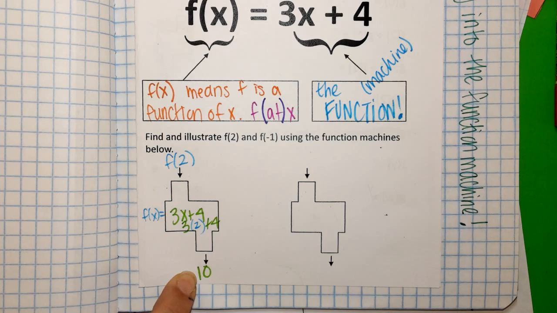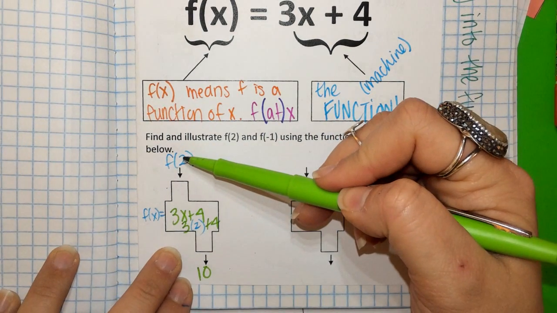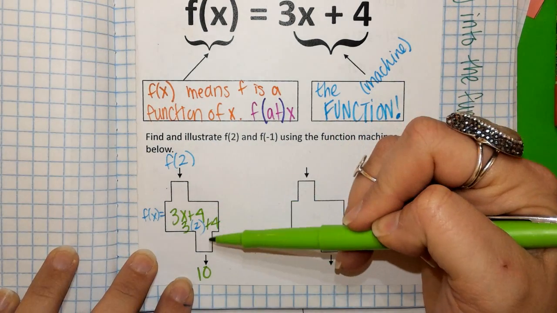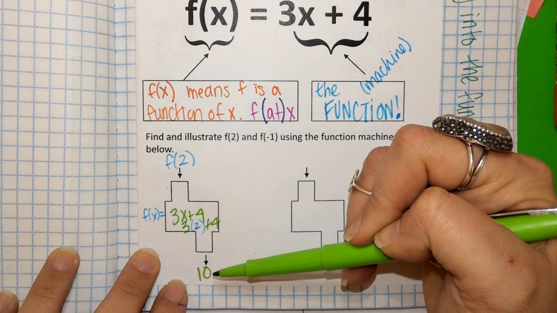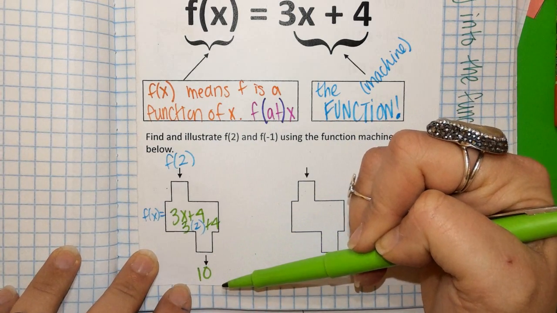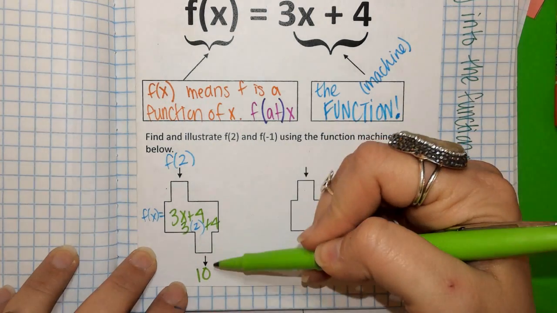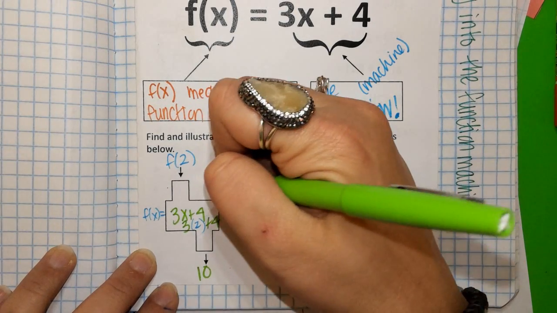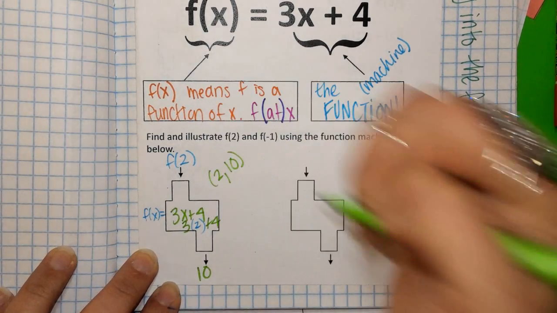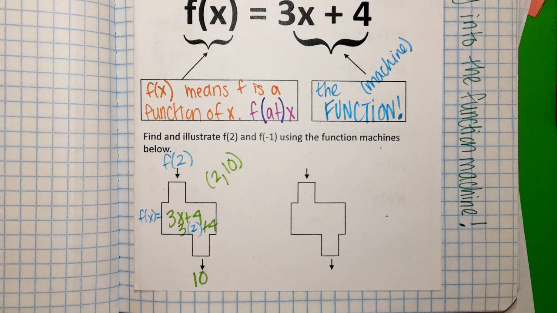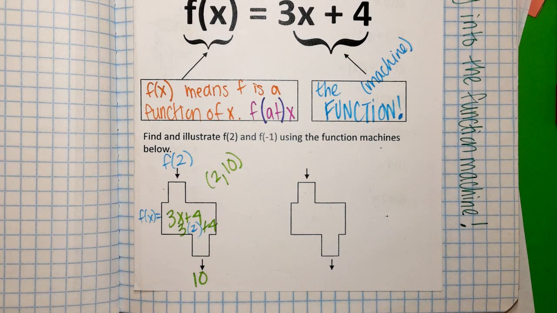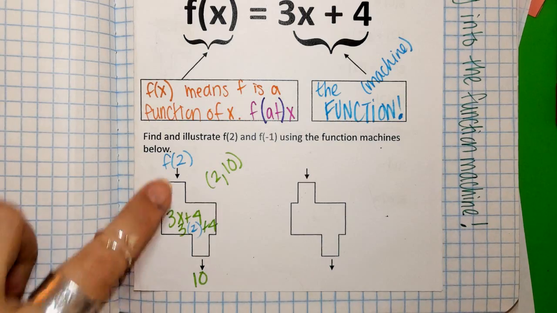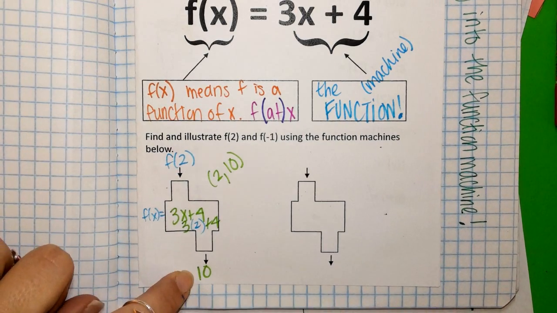We plugged in our x value. That's our input. And what did we get out? The y value. And isn't that our output? So is this a coordinate? And when x is 2, the function is at 10. That's it. It makes a coordinate because x is your input and it outputs 10.